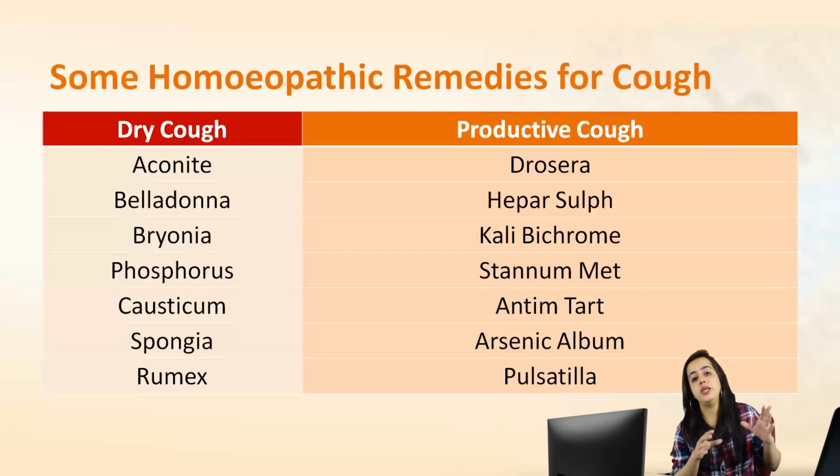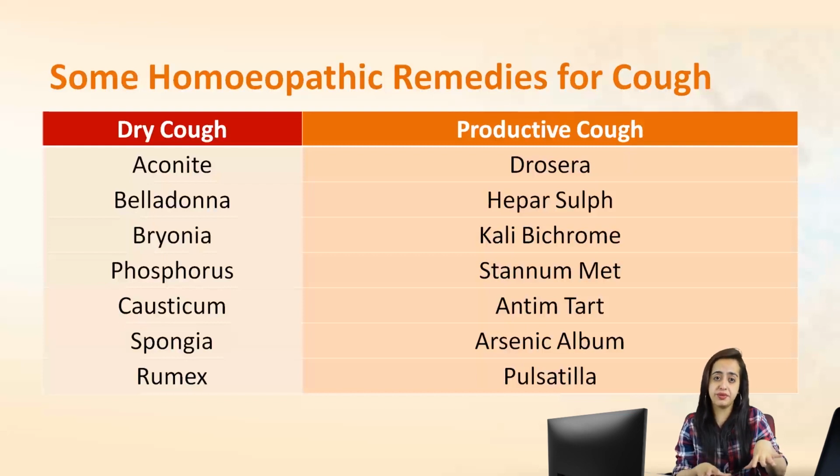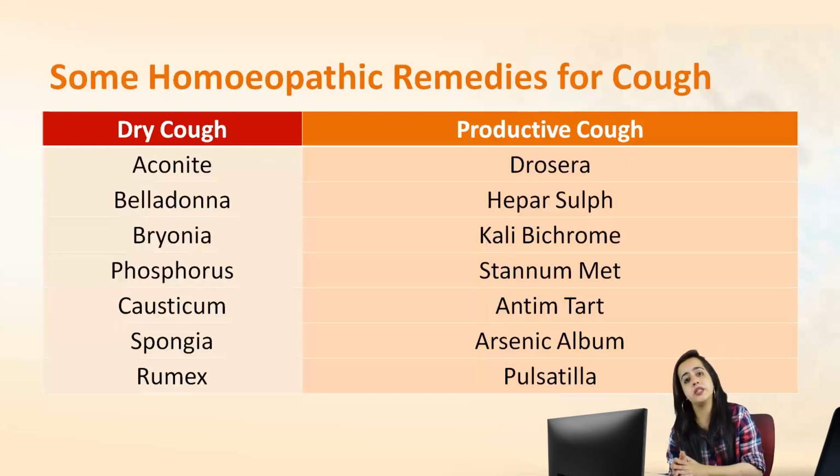Now, as we know, each remedy has a characteristic causation, characteristic symptoms on which we differentiate them, and characteristic modalities present. The most common way of learning a remedy in relation to a particular condition is referring to the materia medica.